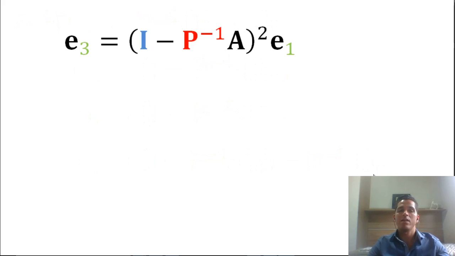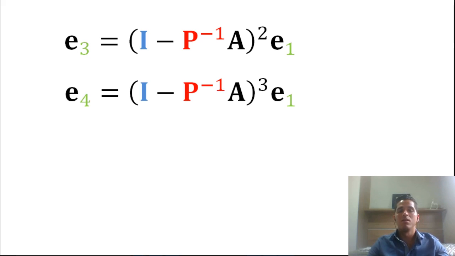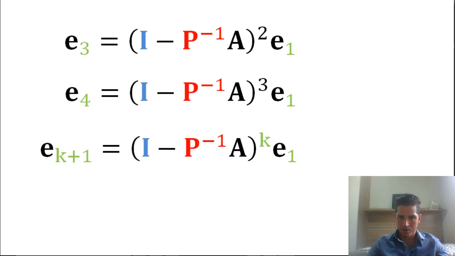So that is what you get right now. e3 is this term, this matrix, a matrix squared times e1. Can you imagine what's going to happen to e4? The same. I minus p inverse a to the power of 3 times e1.